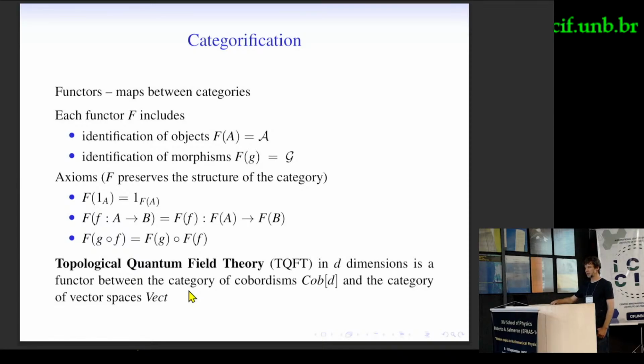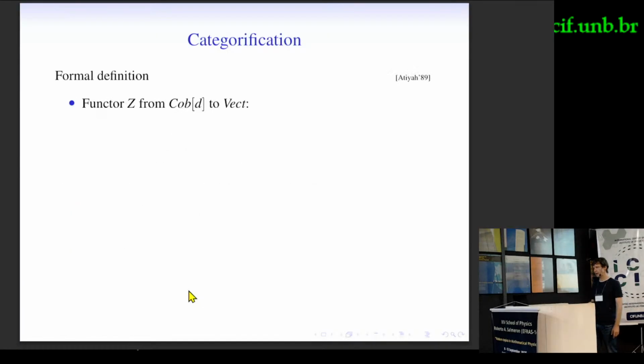So now the definition: a topological quantum field theory is a functor from a category of cobordisms to the category of vector spaces. I told you that cobordisms are those manifolds that connect different lower dimensional manifolds. So the topological quantum field theory will be a map from this kind of structure to linear spaces. And here is the more explicit construction.